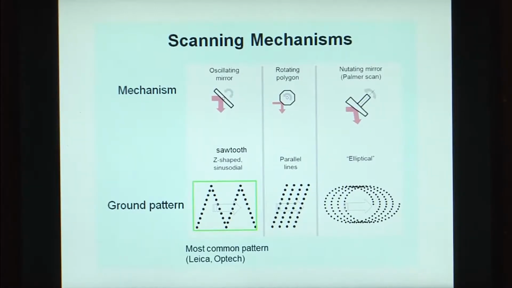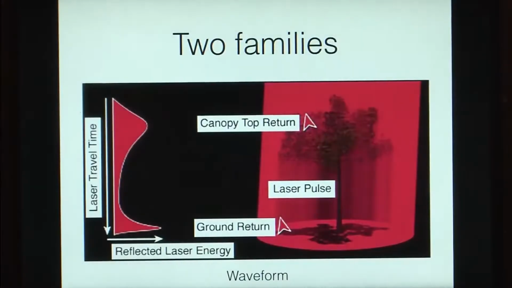Now, LIDAR is divided into two families. One is called waveform LIDAR. In the case of a waveform LIDAR, you measure the amount of energy that is reflected with this laser travel time. So, for instance, in this figure on the right we have a tree.